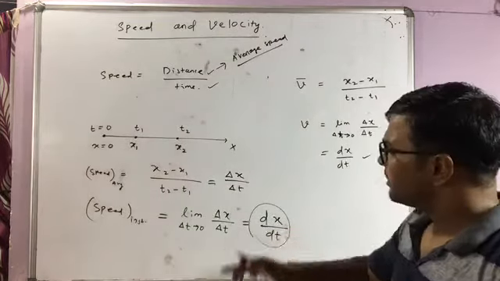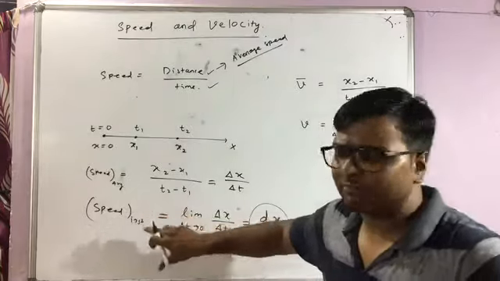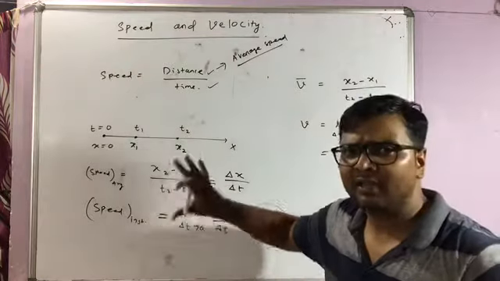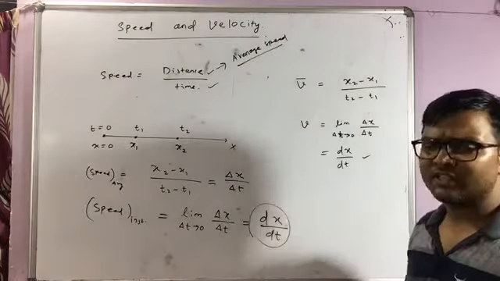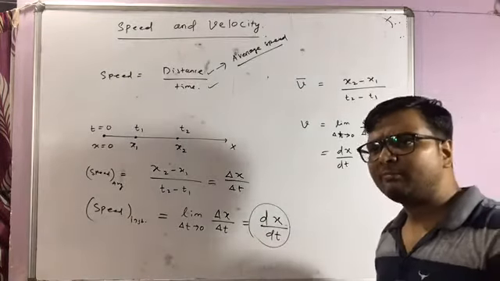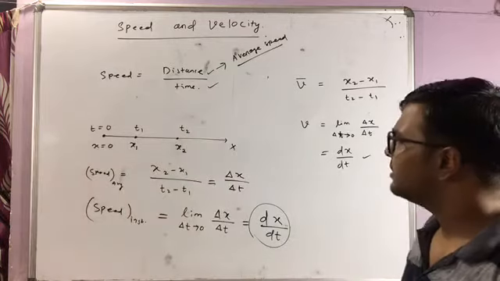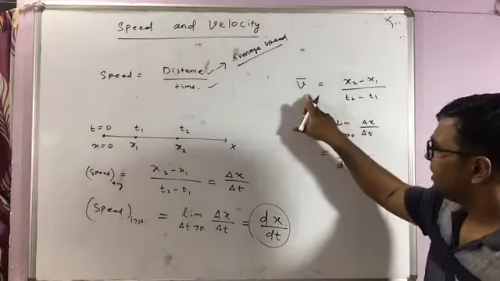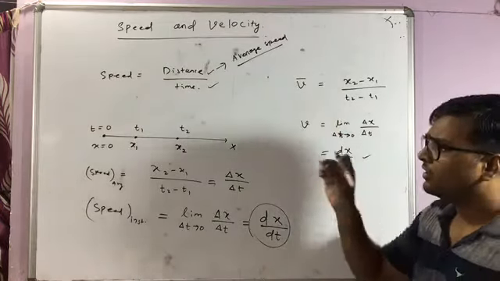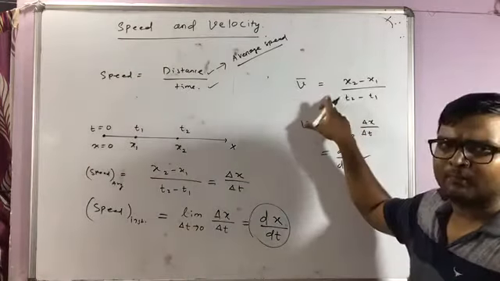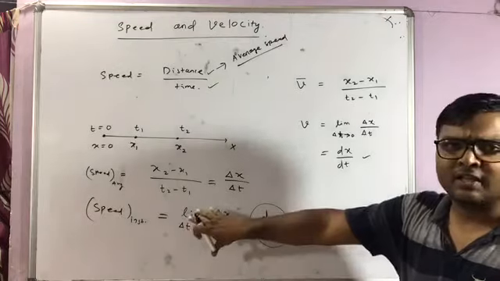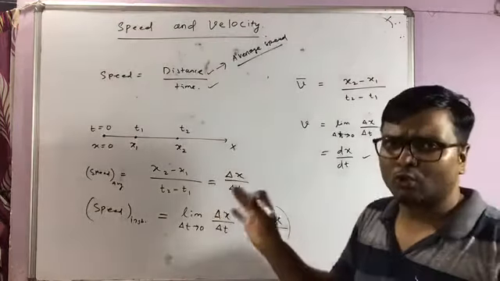Got? Remember, speed cannot be negative. Speed can never be negative, whereas velocity can be negative, positive, and zero. This is because velocity depends on the initial and final position of the object and also the direction, but speed depends on the path followed.